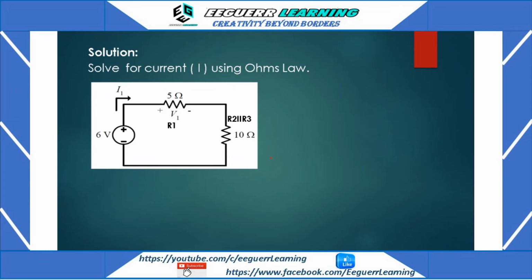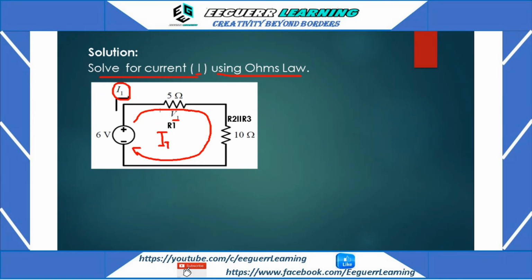So here we are tasked to solve for the current I using Ohm's law. So we are able to solve for the voltage V1. Now we are tasked to solve for I, not just I1 but the total current. Okay, the current flowing here, the total current flowing here. So this is I total.